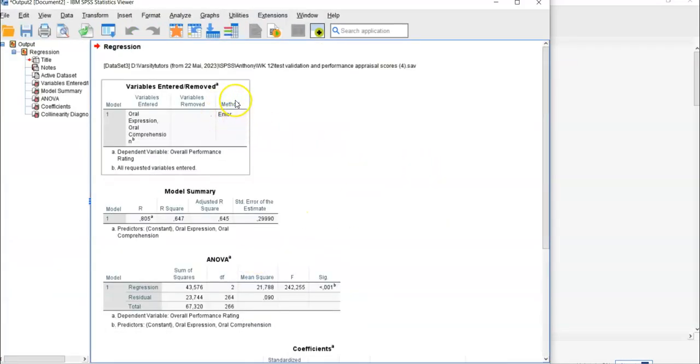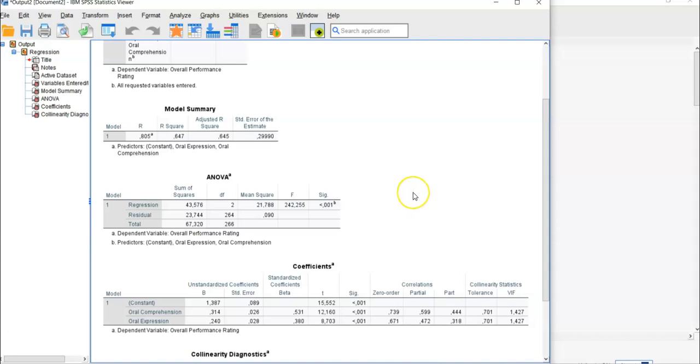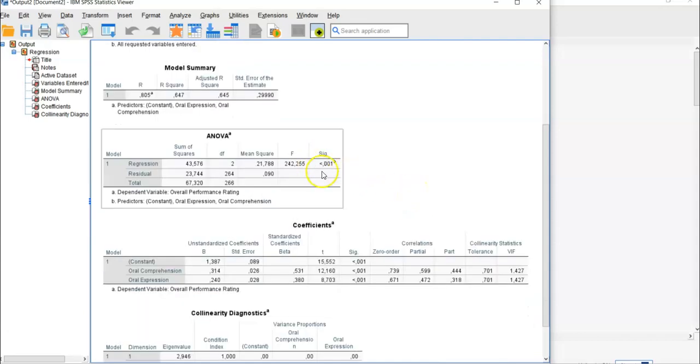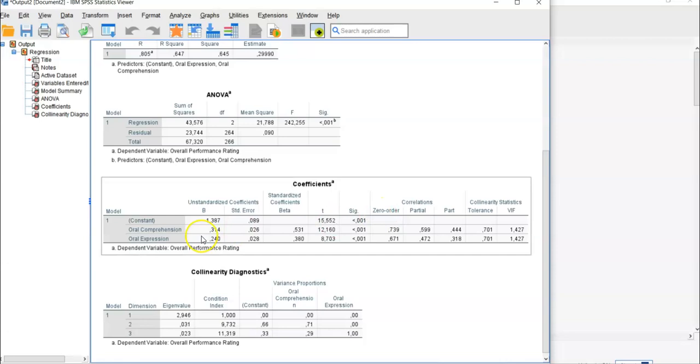So the method is Enter, and the two variables are entered at the same time. They show the variance, the R squared, which is about 65%. They explain 65% of the performance score, which is very high, and the model is significant. The unstandardized B shows how much each variable contributes.